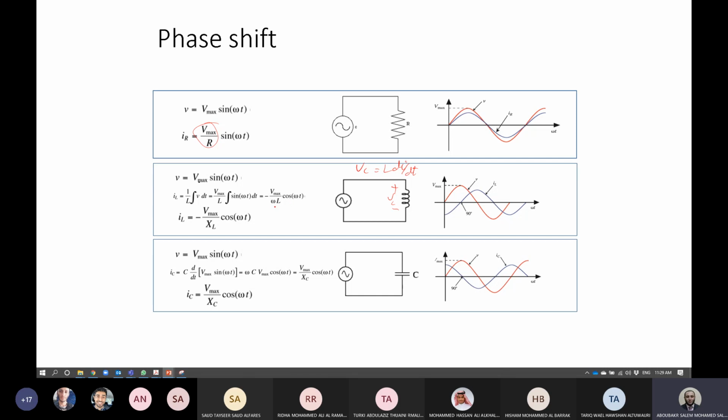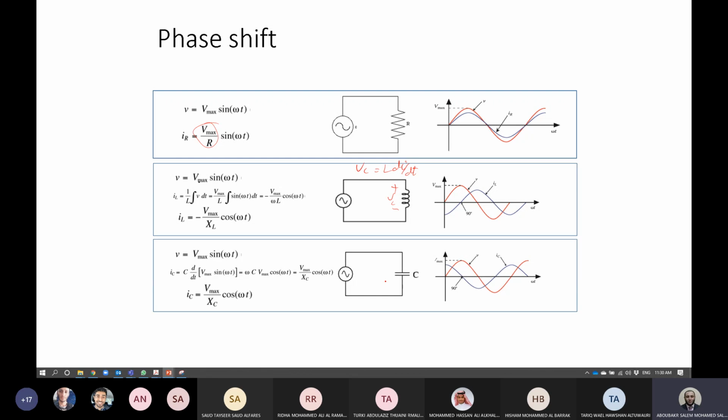So you will find that the inductor current is lagging the voltage by 90 degrees. This is for a pure inductive load. However, if you have an inductive RL load, the phase shift will be from 0 to 90 degrees, according to the ratio between R and XL.